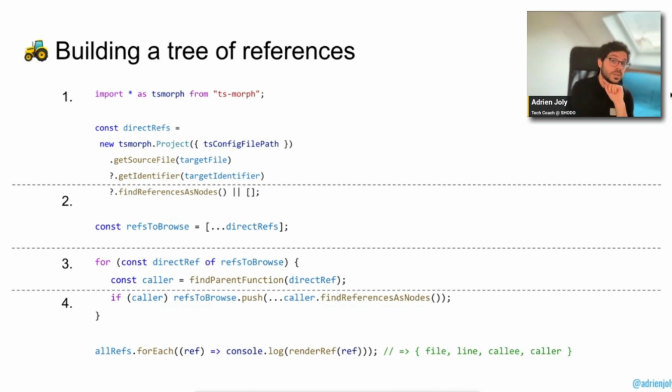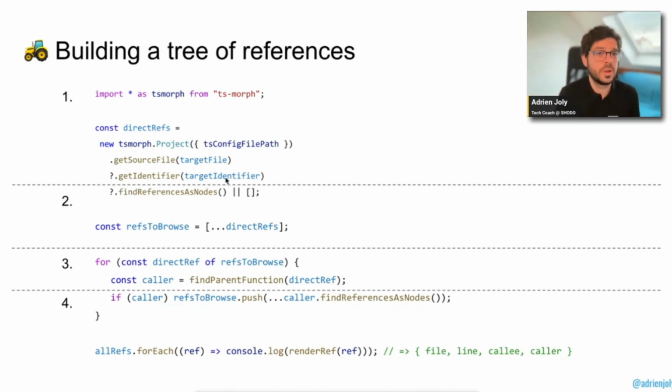For example, here we have a function called find references as nodes, which is provided for free by that module. It may not be the case in other languages if you use the built-in AST. It really depends on the language. But in our case, we're lucky enough to be able to fetch the references to the node that we want to delete. So that's very nice.